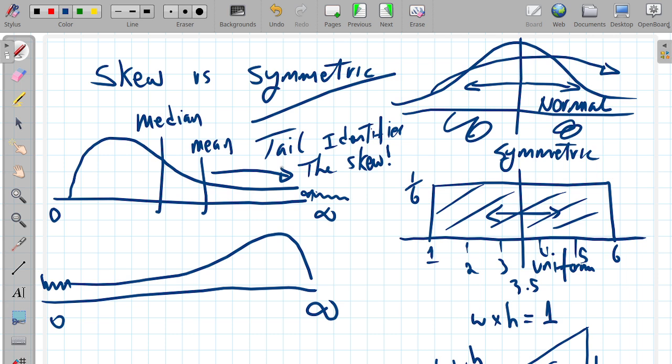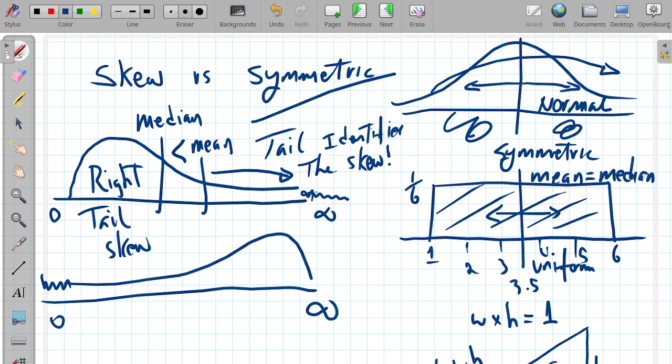So in this example, for a right tail skew, the mean is numerically larger than the median. Over here, when we were talking about symmetric distributions, the mean equals the median.